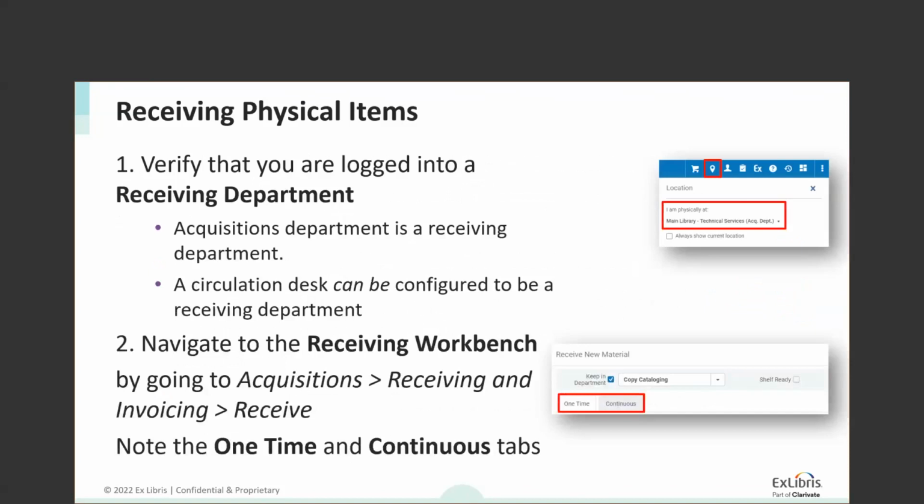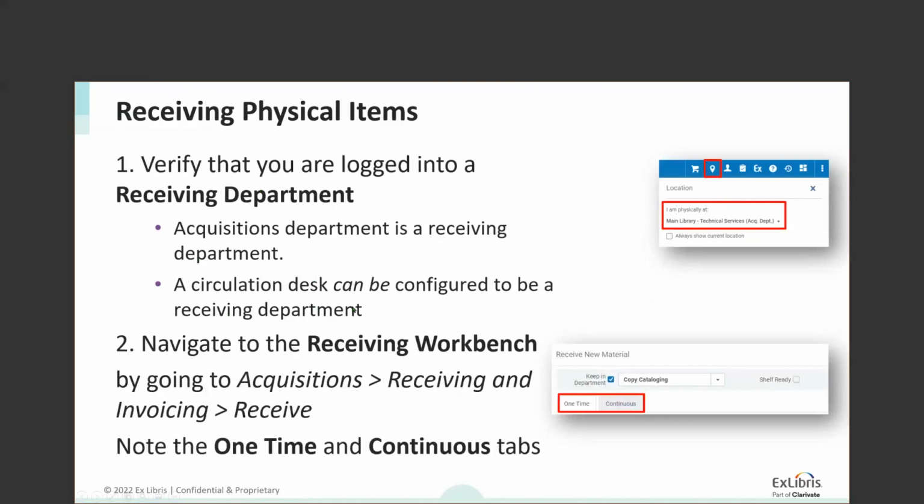When you go to receive physical items, you have to make sure you're in a receiving department. And that role and the scope is what determines that receiving department shows here in the drop-down menu on Alma. By default, your acquisitions department is already a receiving department. When your environment is configured, that's already set up.